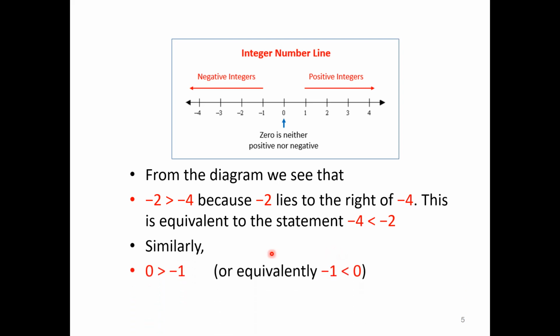Similarly, when we say 0 is greater than -1, it's equivalent to saying -1 is less than 0. Why? Because 0 lies to the right of -1.